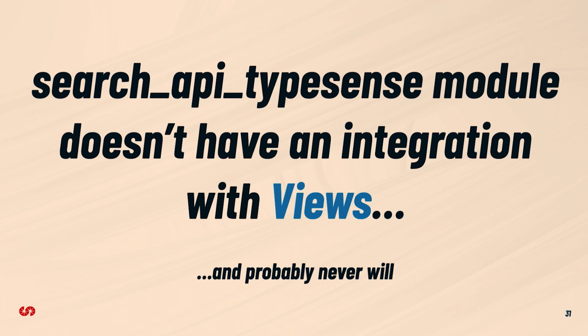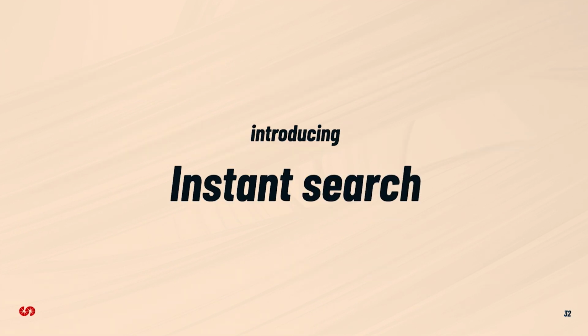Because the main point is that the search is managed on the client side. So it's the browser that directly connects to the Typesense server and performs the search. So we don't need all the Drupal stack in the middle.